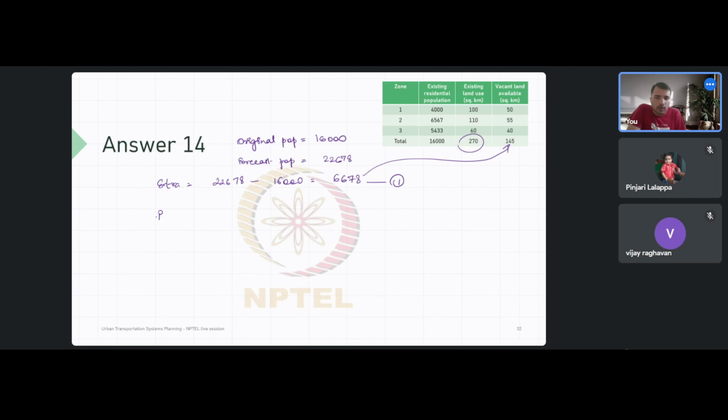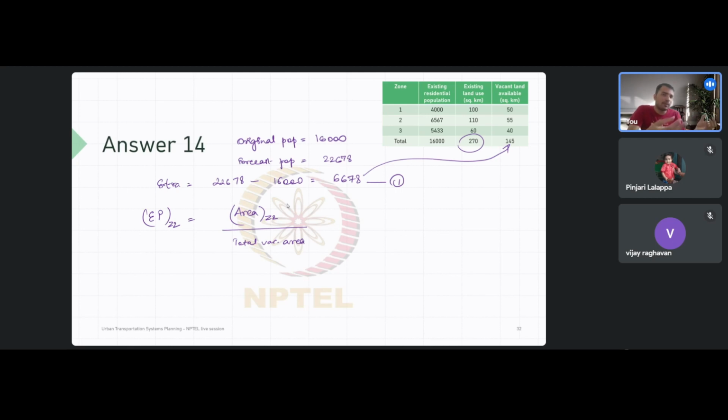So we can say extra population in zone 2 will be the area of zone 2 divided by total vacant area. So if we have 1000 extra people, we have two zones, 50%, 50%.